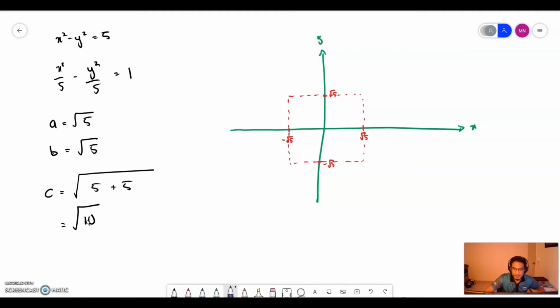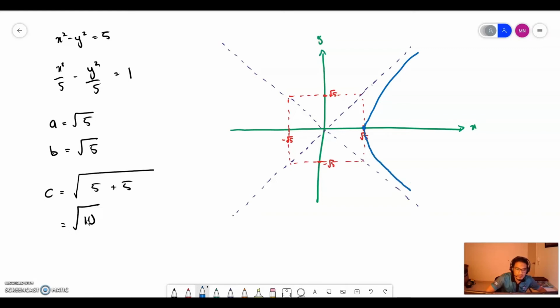From that we sketch the asymptotes, the positive gradient of the asymptote, and here will be the negative gradient of the asymptote. We take this point, that will be the vertex of our hyperbola, and another vertex at the left side.